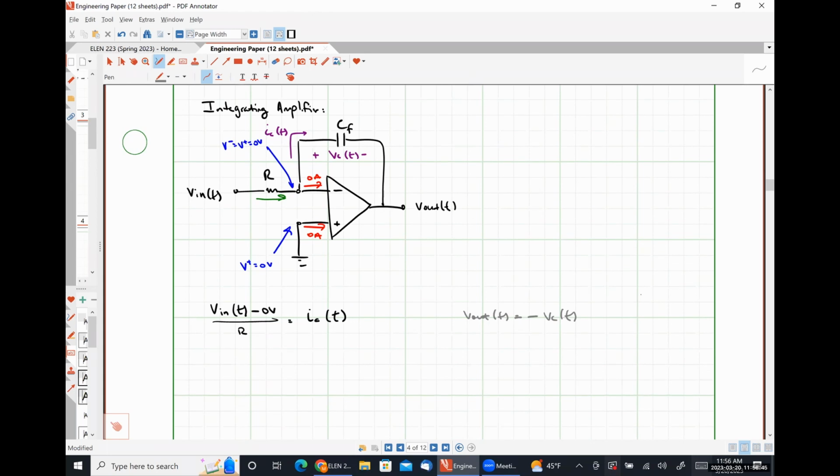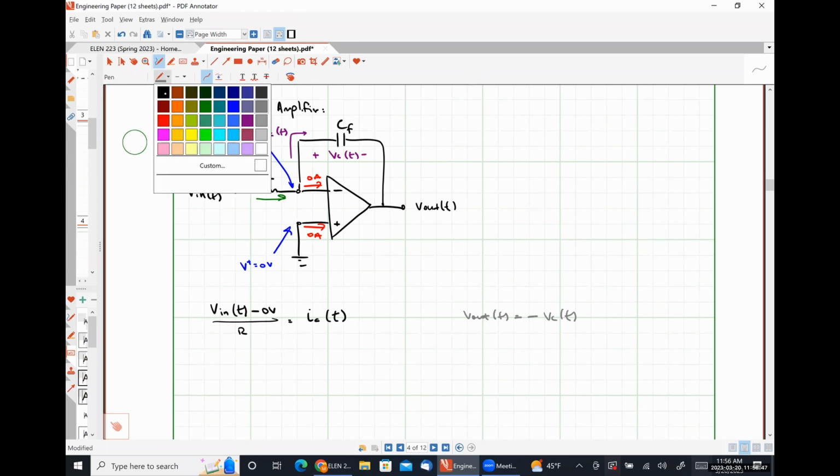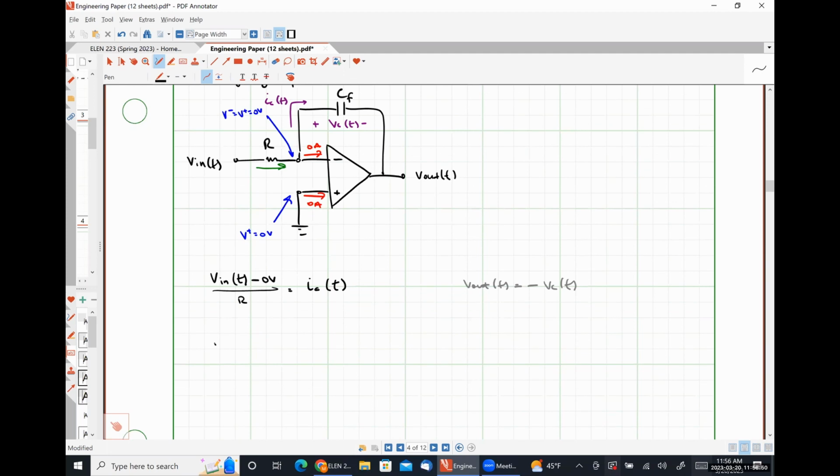I think we have everything we need right here. So if V out is equal to negative VC, then V out is equal to negative 1 over CF times the integral from negative infinity to T of IC of T prime dt prime.